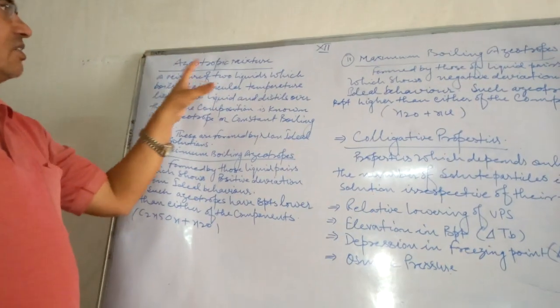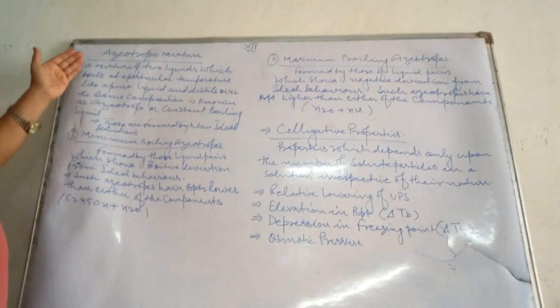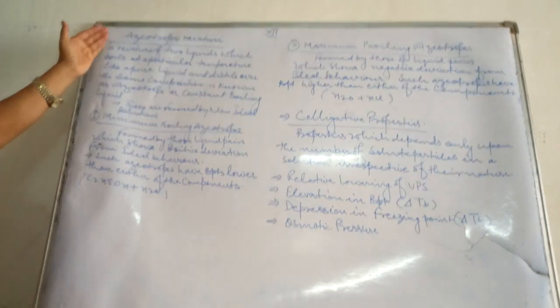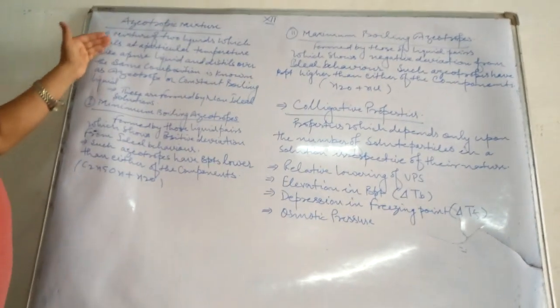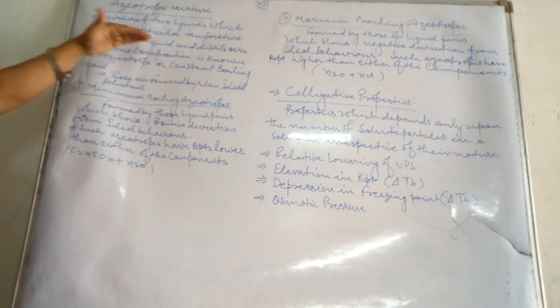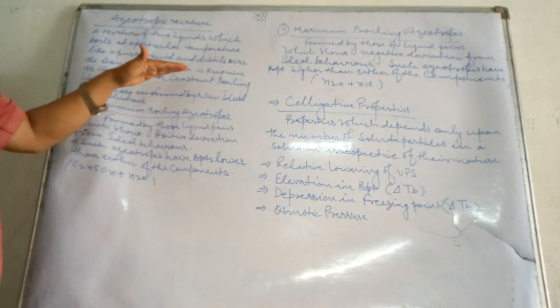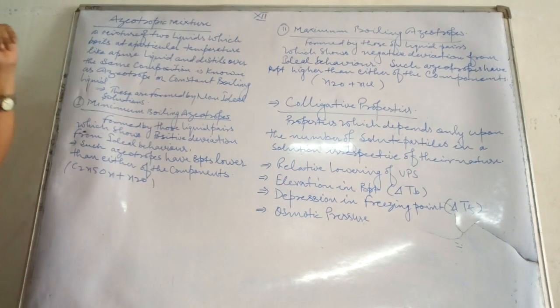These azeotropic mixtures are related to non-ideal solutions, and a mixture of two liquids which boils at a particular temperature, like a pure liquid, and distills over with the same composition is known as azeotropic.